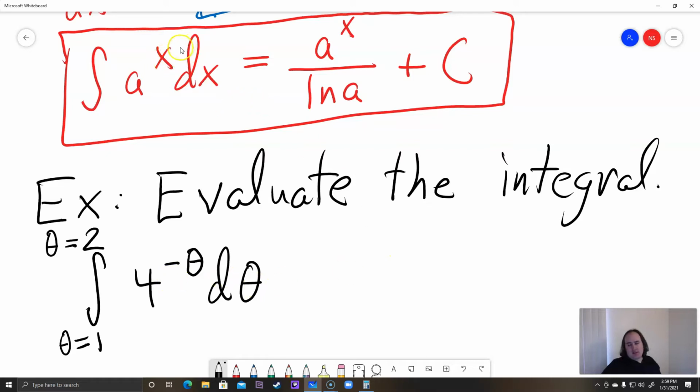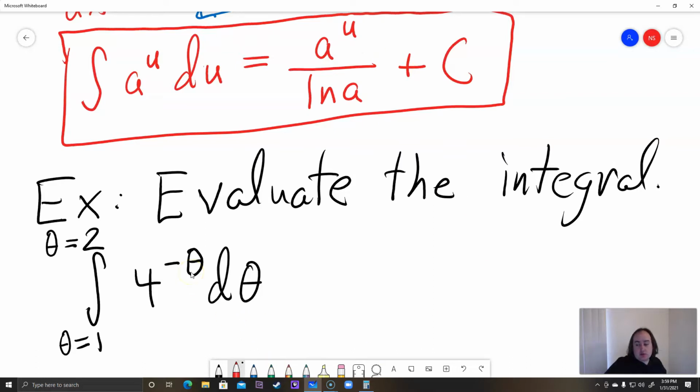Up here I was saying the integral of a to the x dx. Well, x is just a variable, so I can change this and make the formula more general. The integral of a to the u du is equal to a to the u over ln of a plus c. Our goal is to get it in this form so that we can use our new formula.